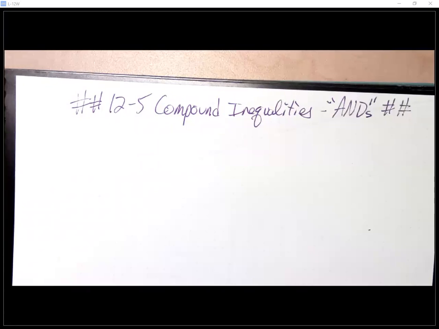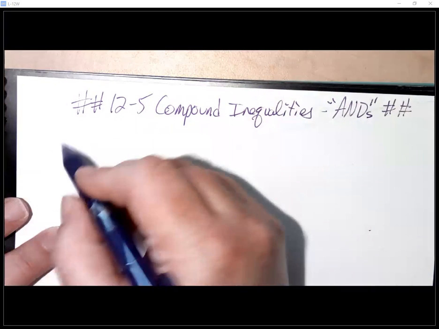So what in the world even is a compound inequality? So let's define that first real quick.